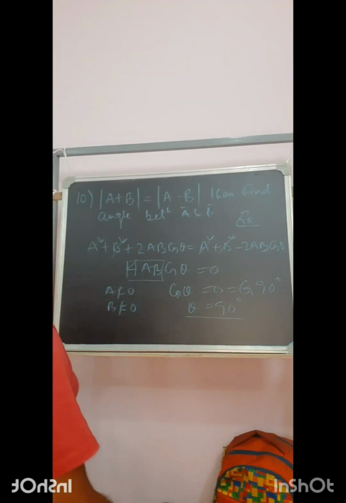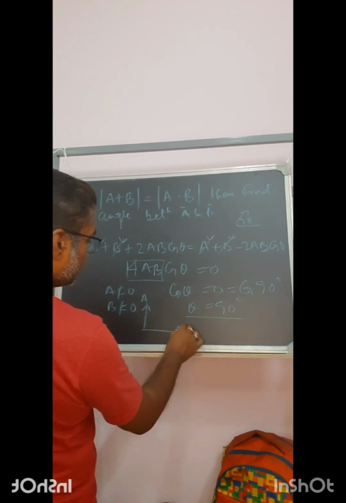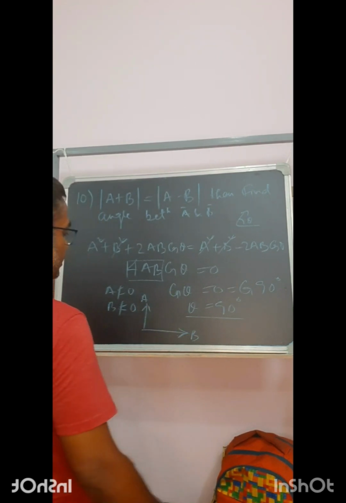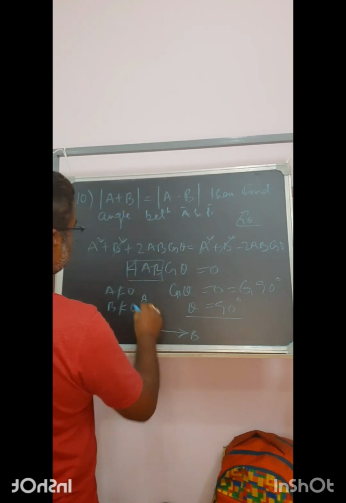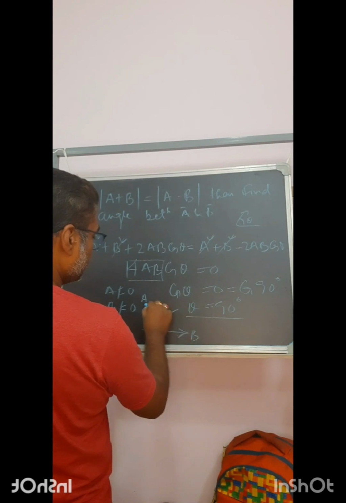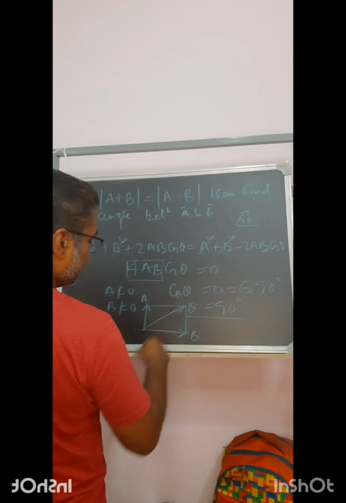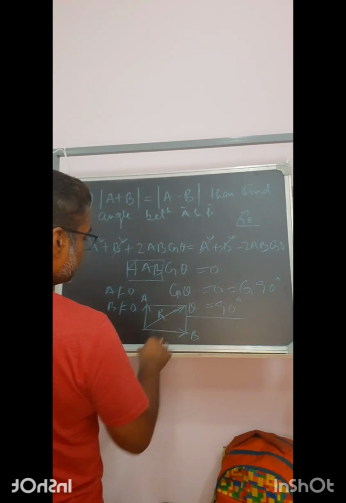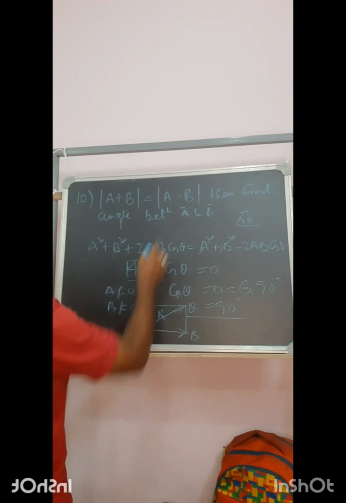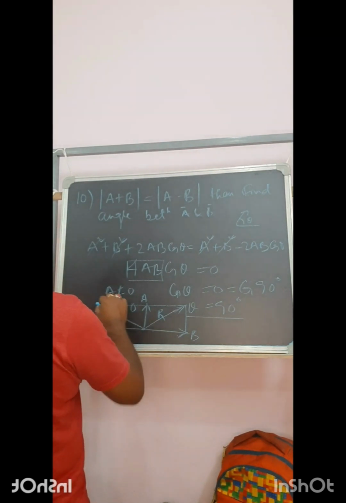So in the case where two vectors are at 90 degree, A plus B, if I say it is a parallelogram, is basically a rectangle. So A plus B, the resultant. Now if I take A minus B, the minus will be on this side, and if I complete the rectangle, the result will be this.